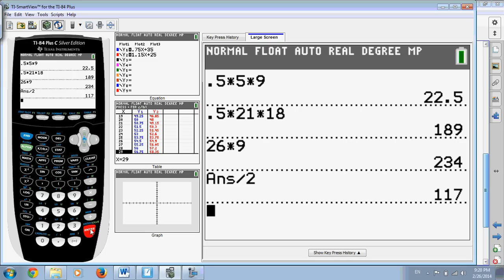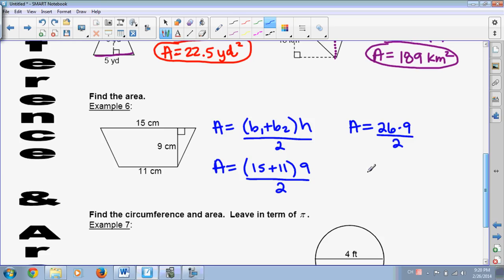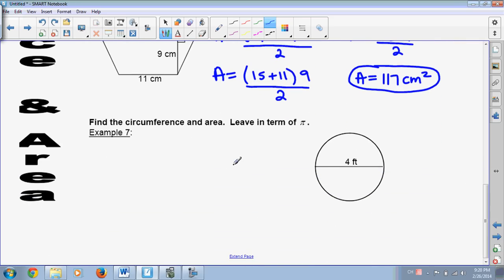And we get 117. So our area for this trapezoid is 117 centimeters squared. Remember, centimeters squared or inches squared for area. Everything is squared.